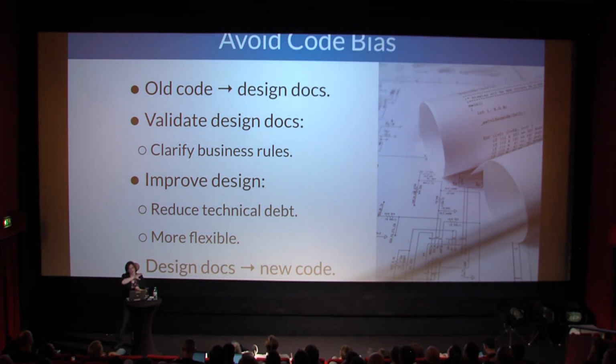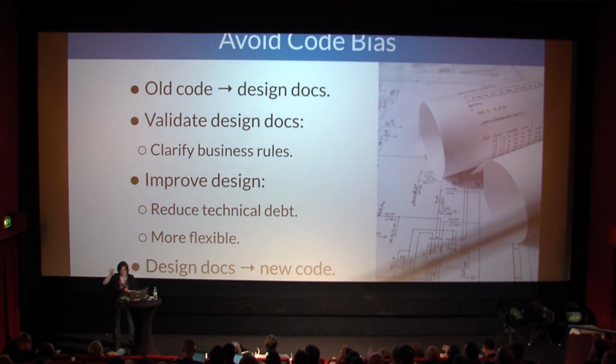Then you validate that design with the client, or whoever sponsors the project, and you come up with new design documents, a better architecture. So you basically fix the bugs in the requirements, you think of a more flexible architecture, and at this point, what you have is a brand new specification, and you can throw away the rest of the code.